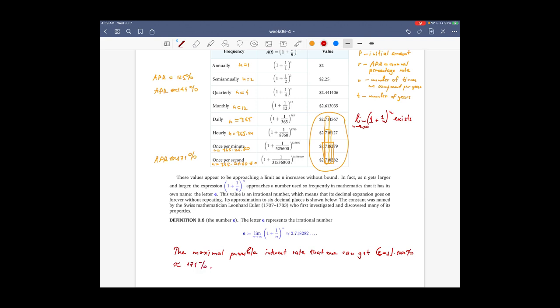When does this occur? This occurs when we compound continuously. What does that mean, continuously? It means we take a limit of the frequency of compounding going to infinity.